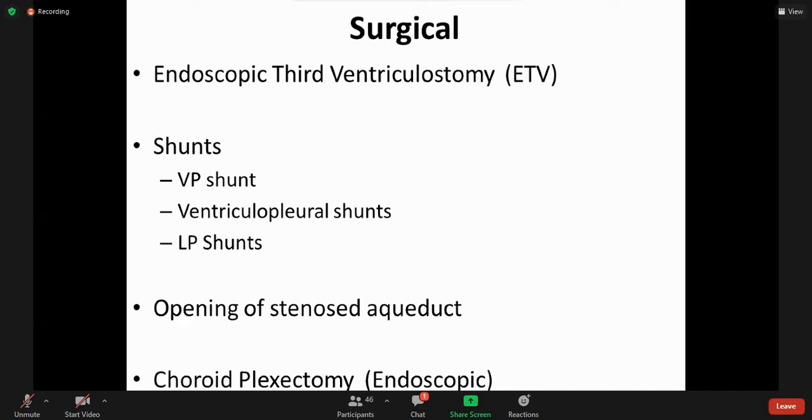So we should know all the indications and contraindications before doing LP. Not just raised ICP. If raised ICP is due to non-obstructive causes, then you can do the LP.